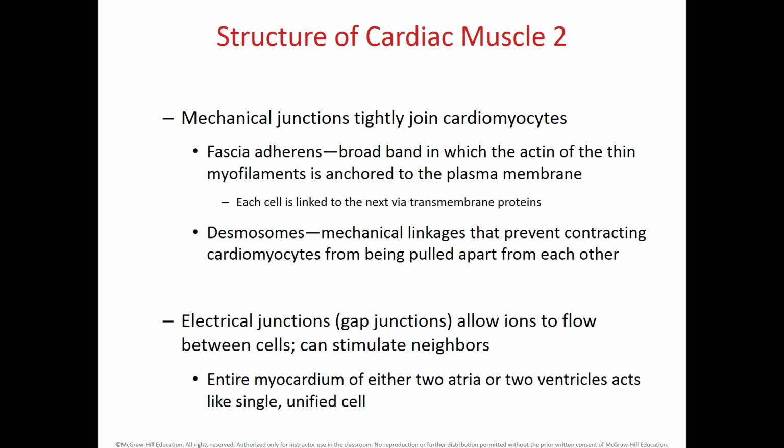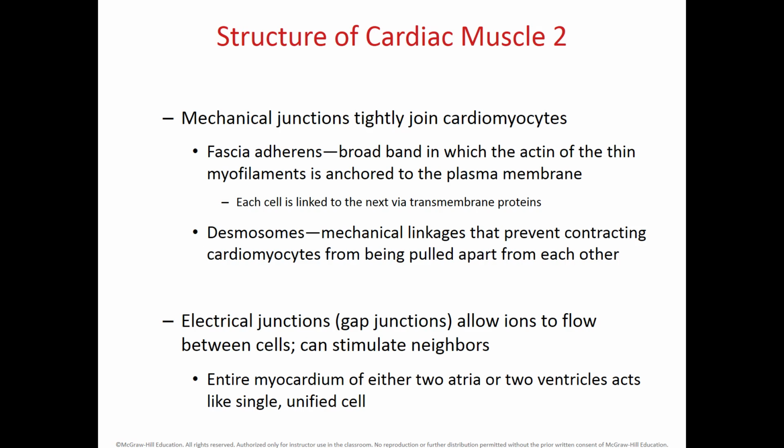And then these desmosomes will have this strong connection that prevents the cardiomyocytes from pulling apart every time that the heart contracts. Along with these mechanical junctions, we have electrical junctions known as gap junctions, which are like little windows that happen between the cells.